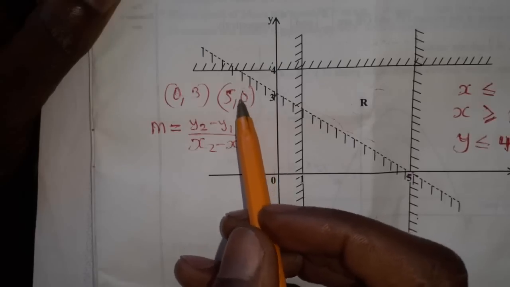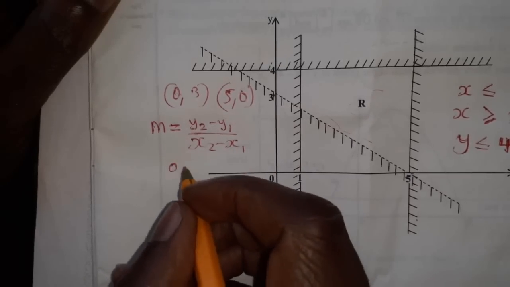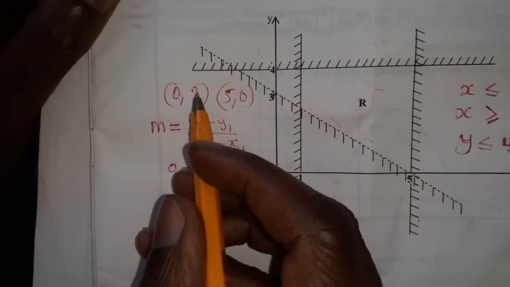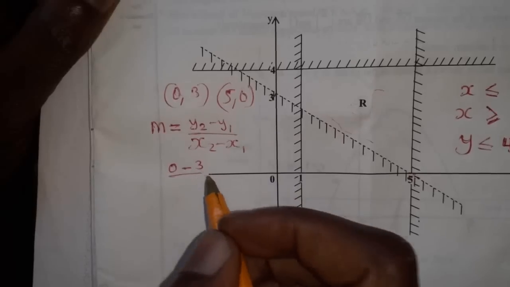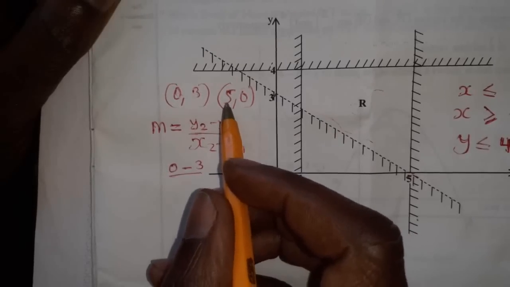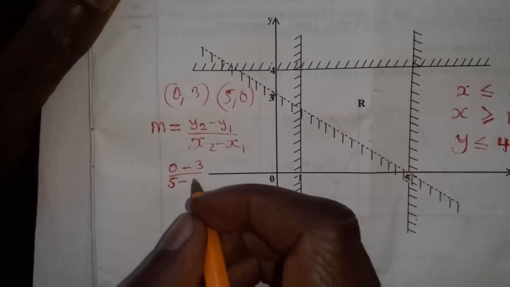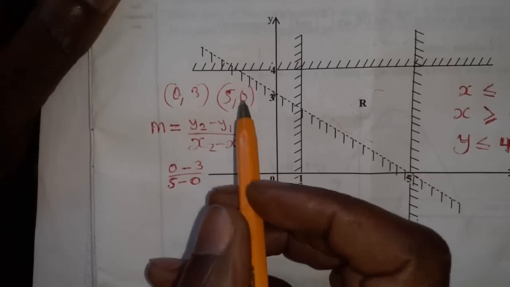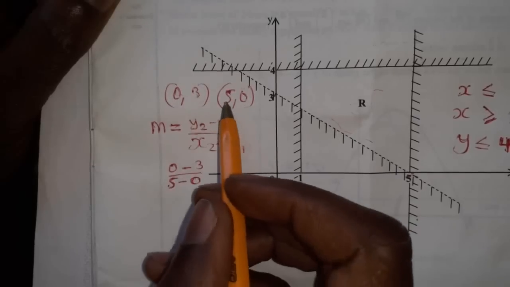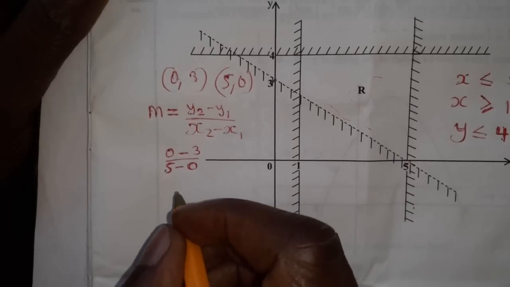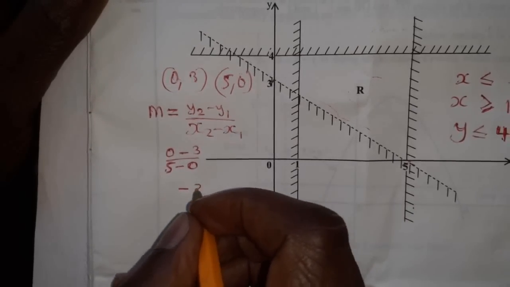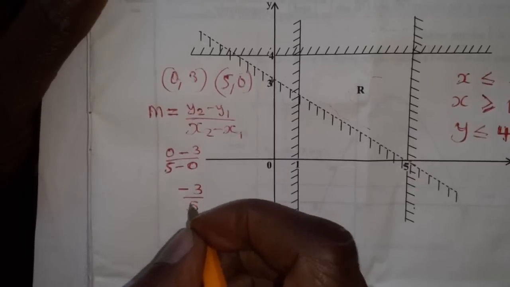This is our y2, which is 0, minus our y1, which is 3, over 5 minus 0. Okay. 0 minus 3, 5 minus 0. So what does this give us? This is going to give us negative 3 over 5.